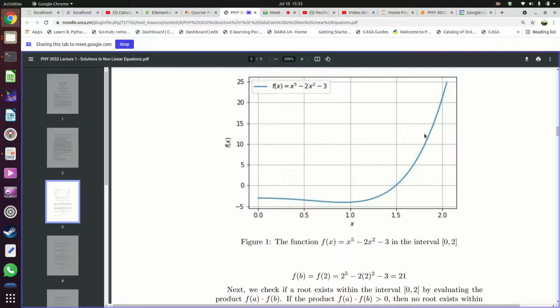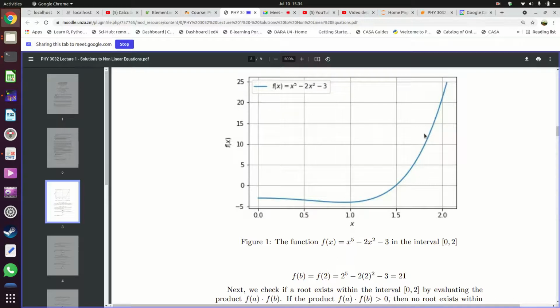Are we clear? So if the function has changed sign from negative to positive, it means that the function has cut the x-axis. That also means that there is a solution somewhere in this bracket or interval you have chosen. Are we clear?